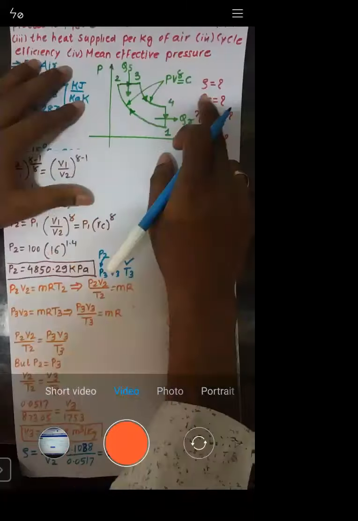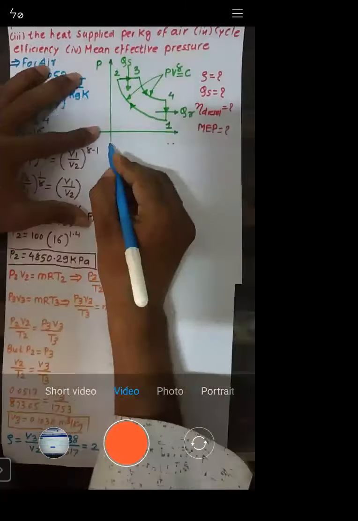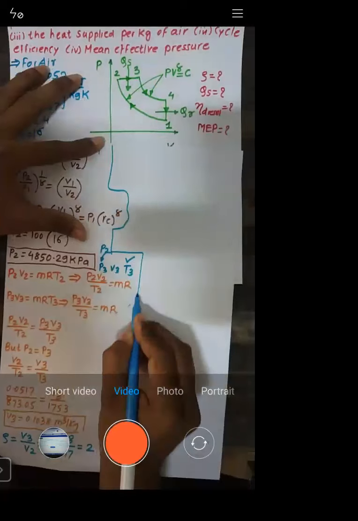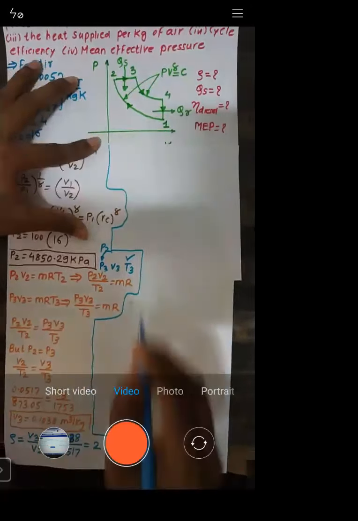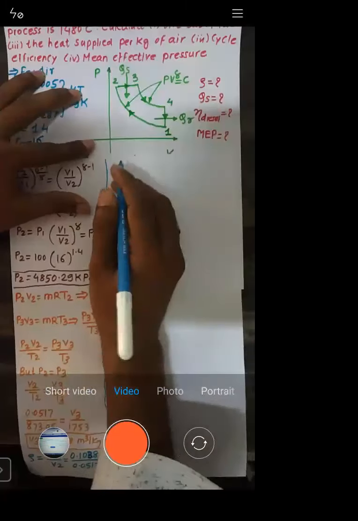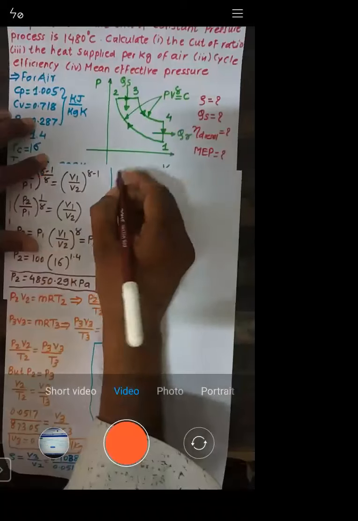Now let us go to the next term. How to calculate the heat supplied? Heat supplied, they are asking, QS. If you need to calculate heat supplied, you can see heat is supplied at a constant pressure.